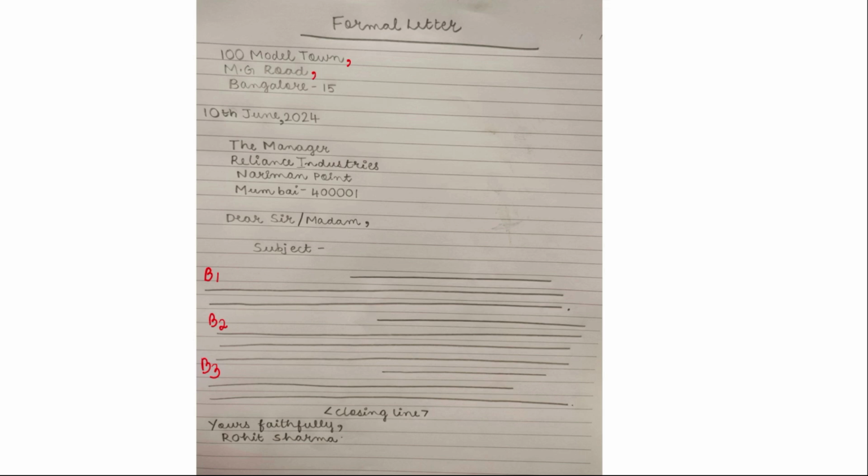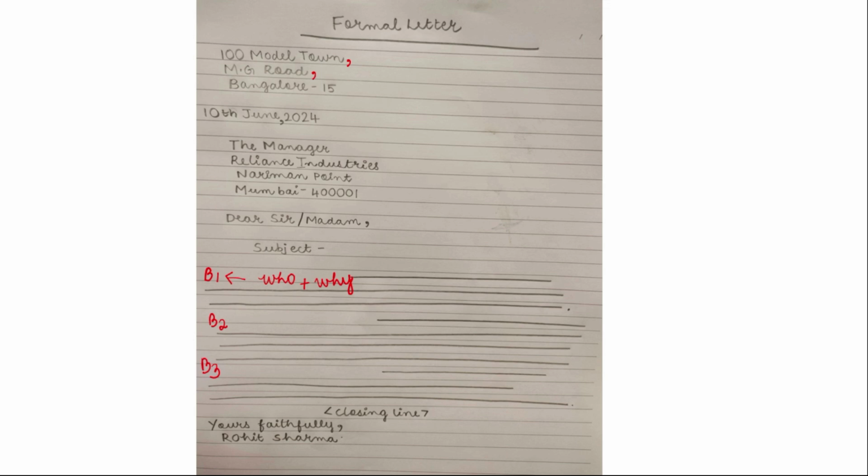Okay, so you start your paragraph from here, and in the first B1, you have to write who you are and why you are writing this letter. Who you are, in the sense, if you're complaining about a product, you can say, I've been a loyal customer of your product for 10 years.